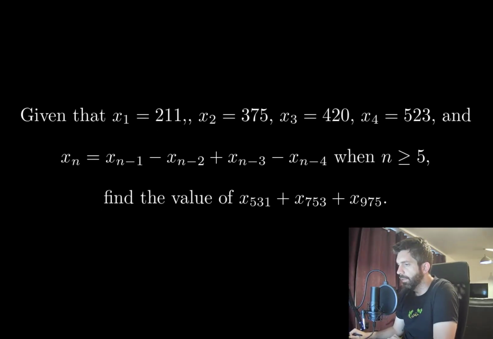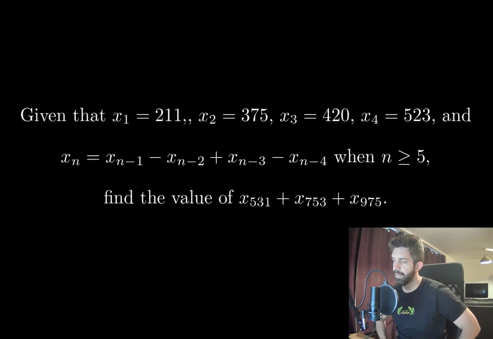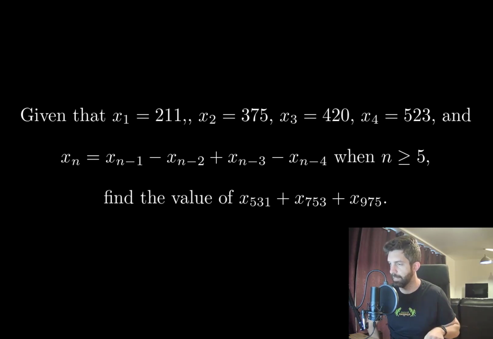Given that x1 equals 211, x2 equals 375, x3 equals 420, x4 equals 523, and xn equals xn minus 1 minus xn minus 2 plus xn minus 3 minus xn minus 4, find the value of x531 plus x753 plus x975.